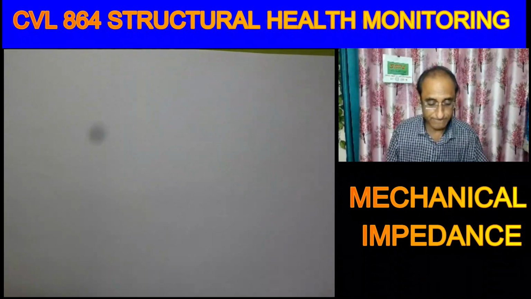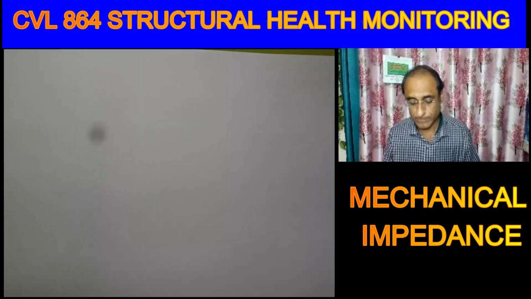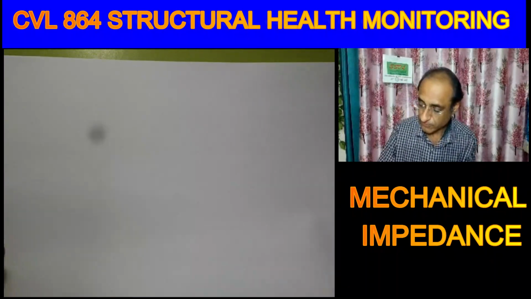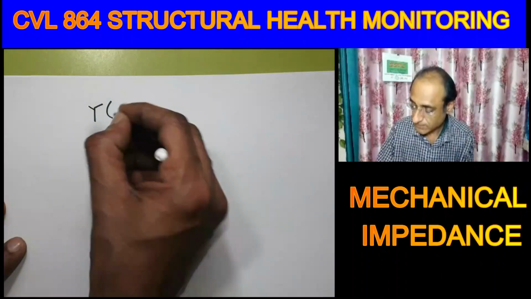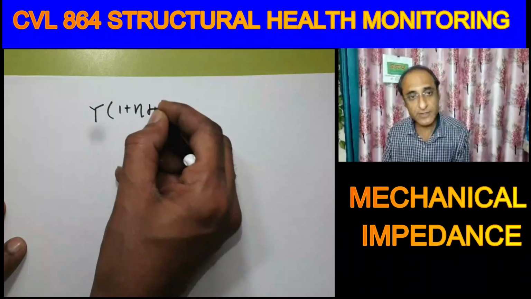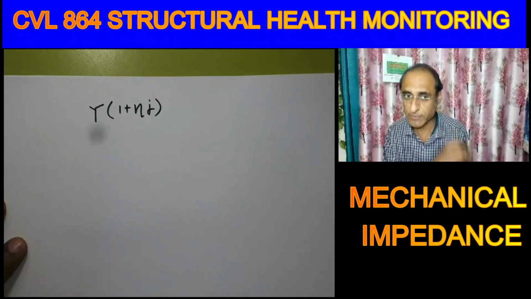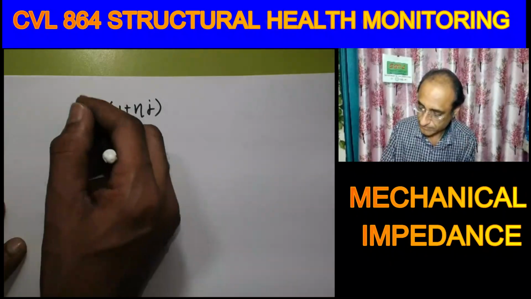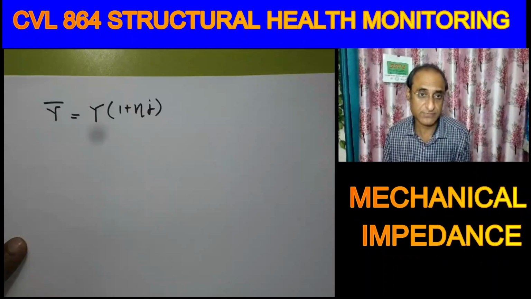Sir, can you repeat this one question? How is it E into root of 1 plus eta squared? See, our Young's modulus is now this, our Young's modulus under dynamic conditions, the complex Young's modulus. So what will be the magnitude?